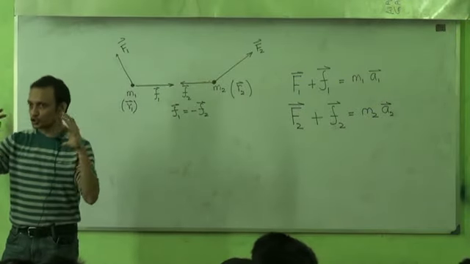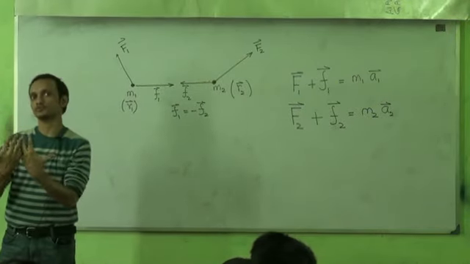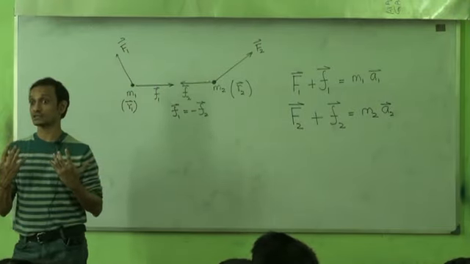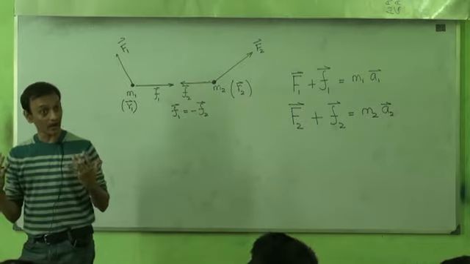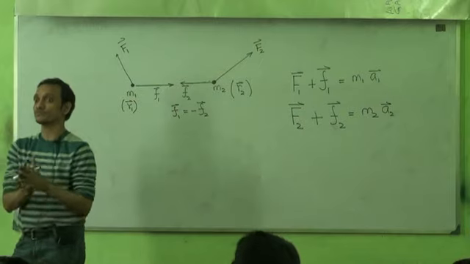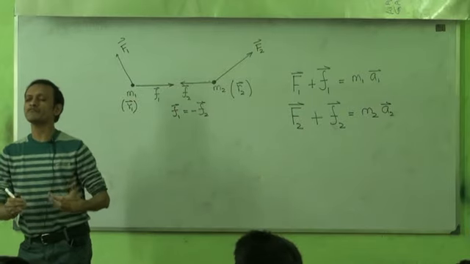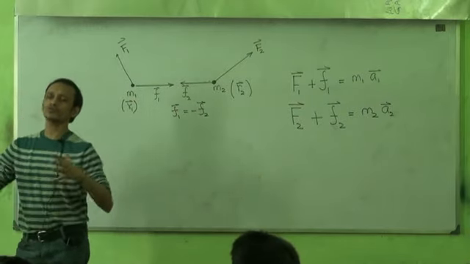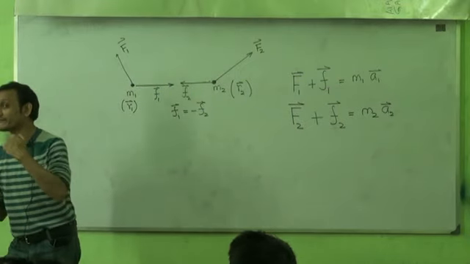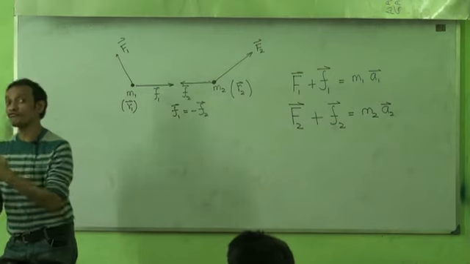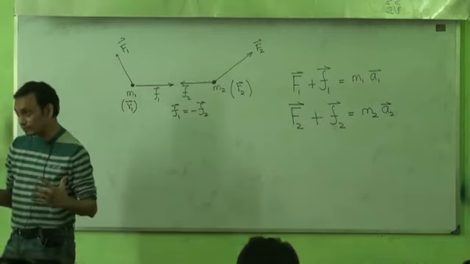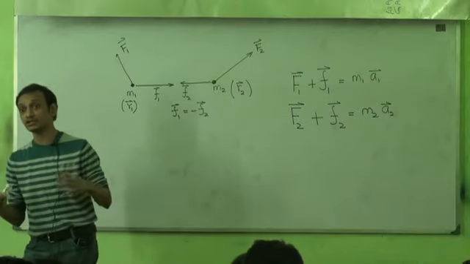Let me take a consolidated look at M1 and M2. If I regard M1 and M2 as one single system, one unit, then capital F1 and capital F2 are external forces acting on the system, and small f1 and small f2 are a pair of internal forces acting on the system, right?